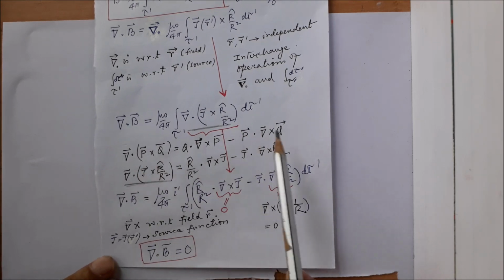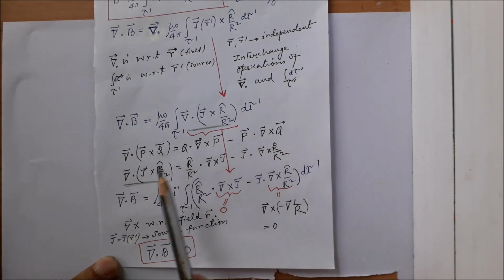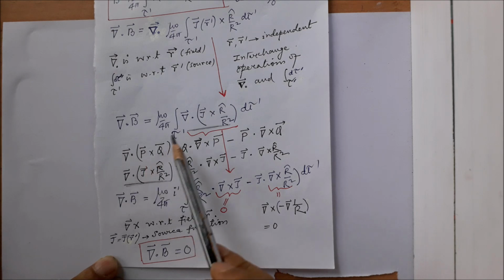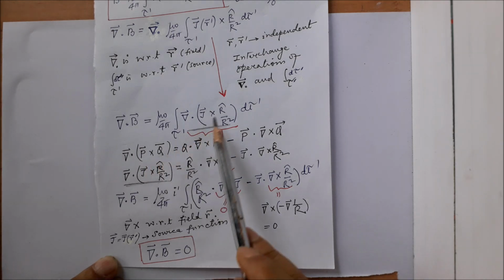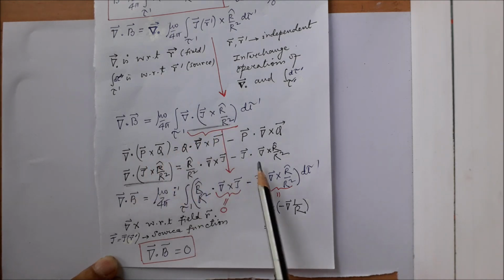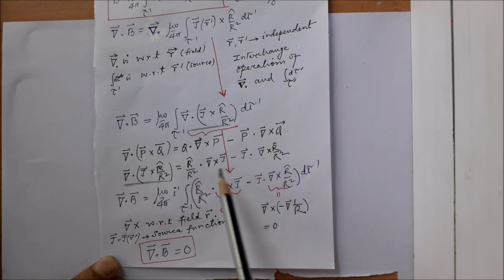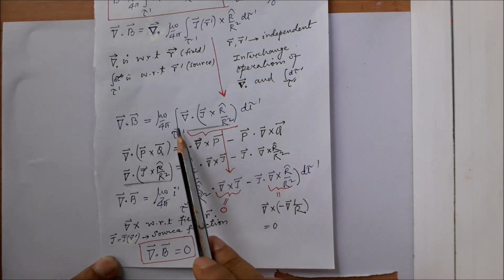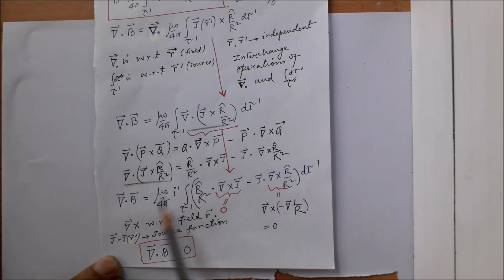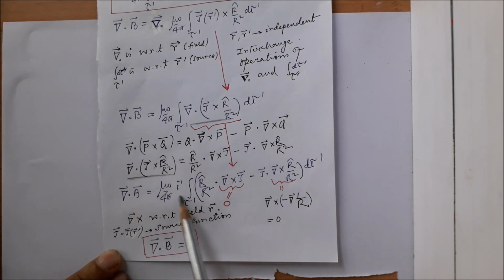Now as before, we can use this vector identity, and if we identify P with J and Q with r cap by r square, we end up with this expression. And when this one is put in the integration, we have divergence B consisting of two terms on the right hand side.